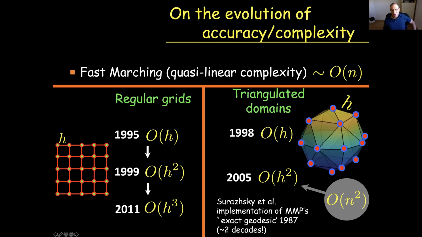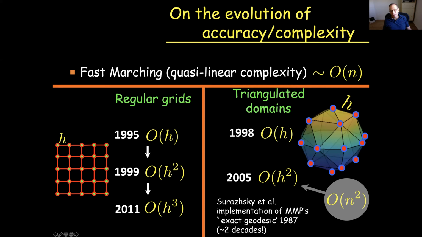Now, just a word about triangulated domains. For regular grids, we had h as the distance between points, so this is the grid spacing, if you like. In 1995, there was a first order accurate scheme that solves the Eikonal equation. In 1999, there was a second order approximation, and on grids the story was a little bit more complicated.